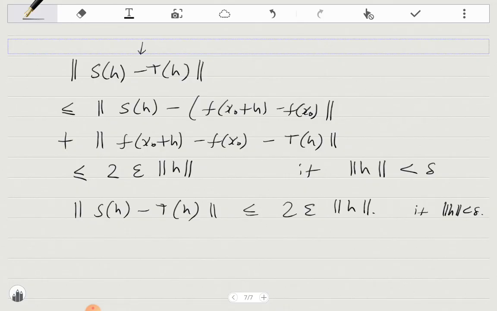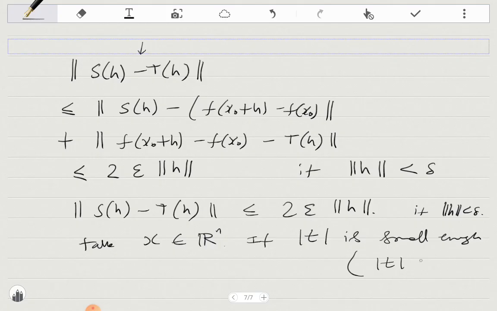At this point, I can just take any arbitrary x in R n, and then multiply it by a scalar t. If modulus t is small enough, actually I'm going to multiply t with x and put that as h. So that should be less than delta. Small enough here just means that modulus of t is less than delta by norm x.